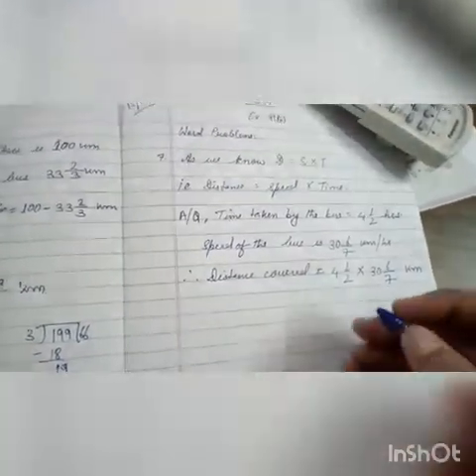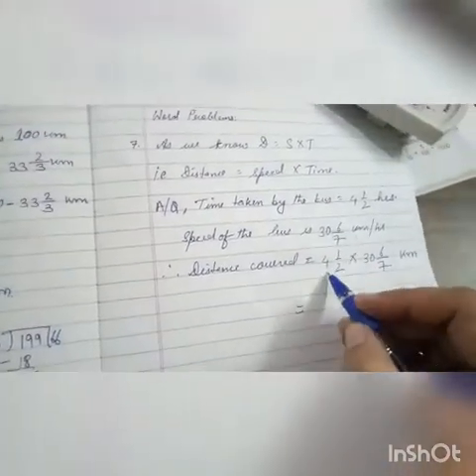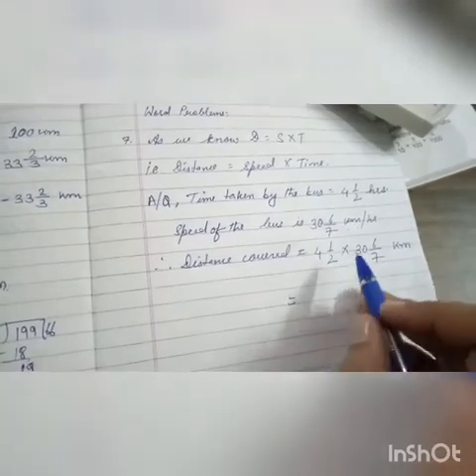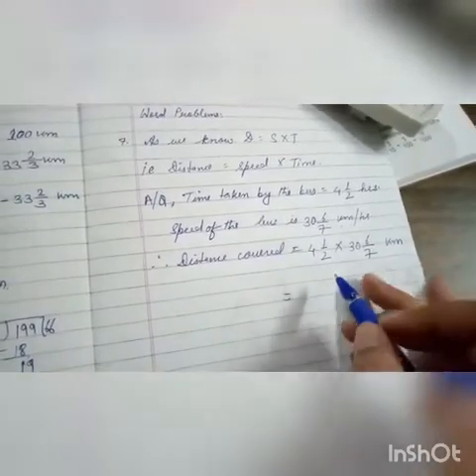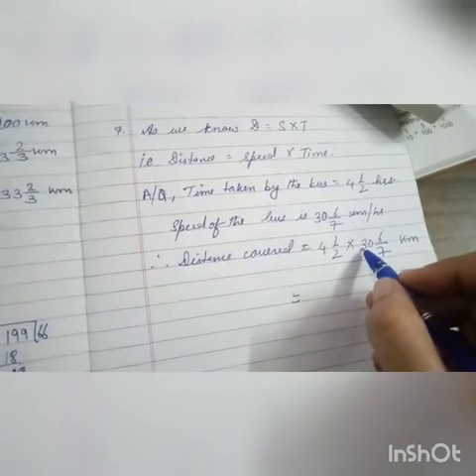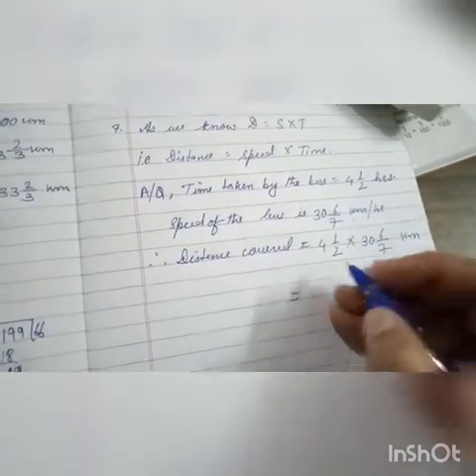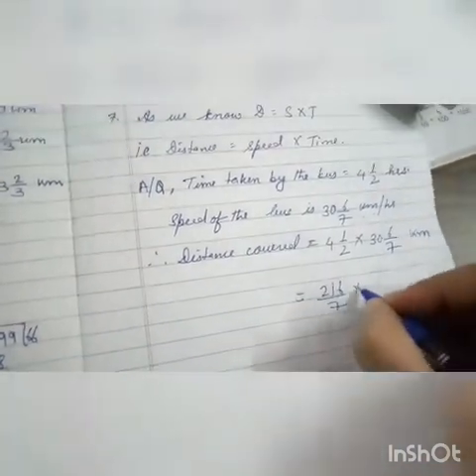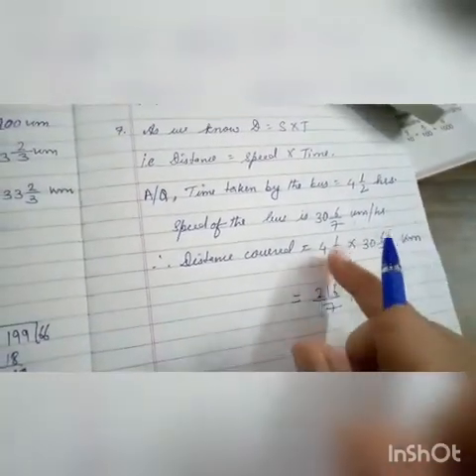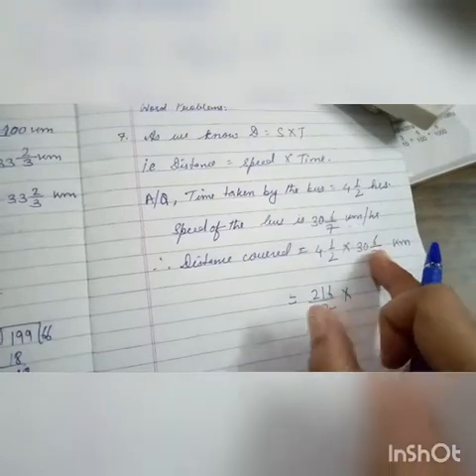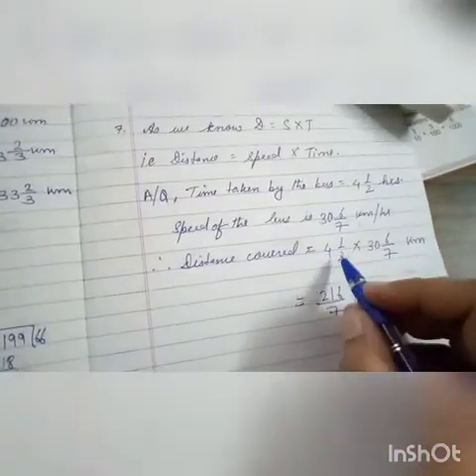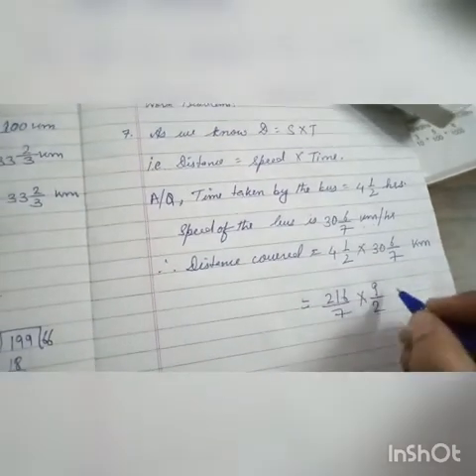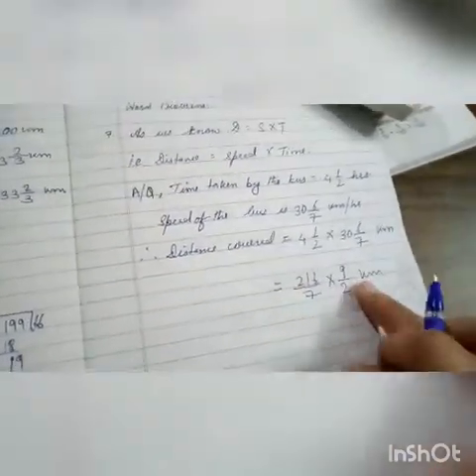We'll do it here. Now, as this is a mixed number, we have to convert it into an improper fraction. 7 3s are 21, plus 6, 216 by 7, multiply. If you want to write this here and this here, you can change this also. 2 4s are 8 plus 1, 9 by 2 kilometer.